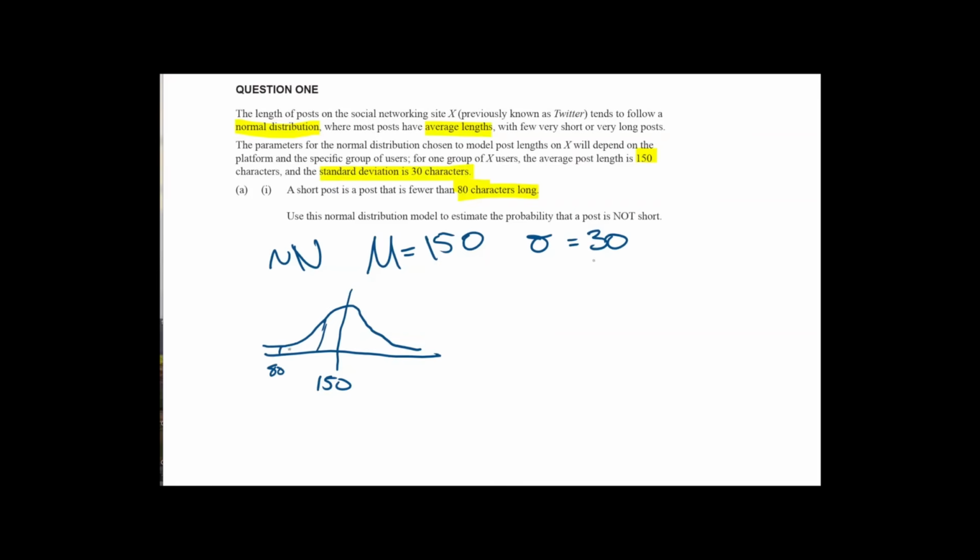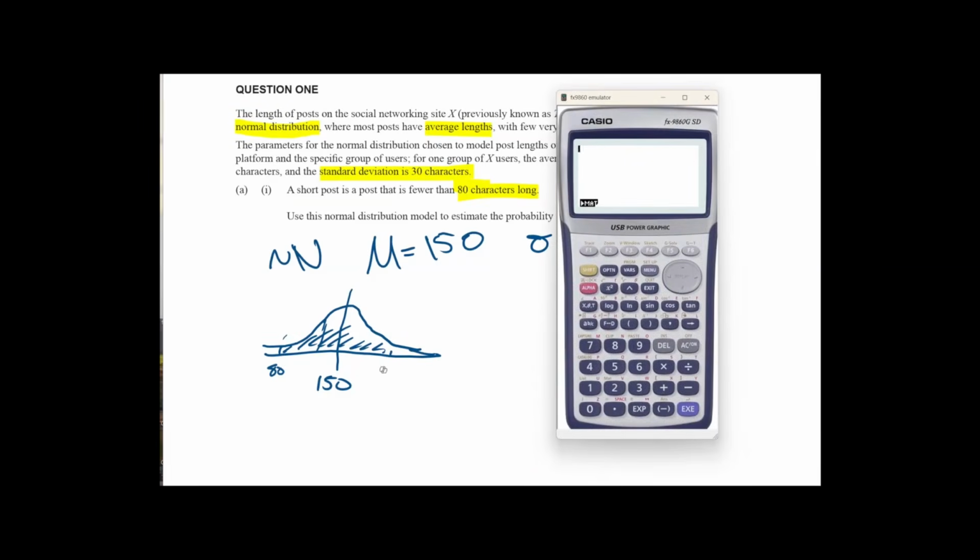We want that it is not a short post, so we want all of that. So we are going to go to our calculator. Now, the later models of this calculator and the models with the updated software have a special mode which does this all automatically. It doesn't have it on this emulator, and I'm going to use the stats mode anyway to do it.